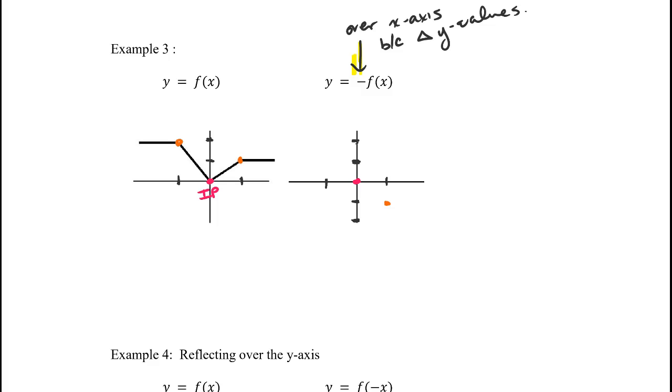So see how it's ending up on the other side. Same thing here, instead of +2, I'm going to be at -2 for my y value or my output. That helps me create the general sketch of my graph, choosing those invariant points and critical points. And from there, I can fill it in. No problem.